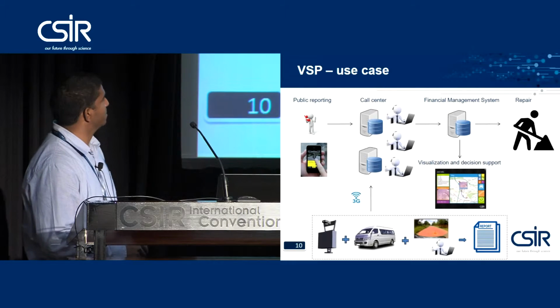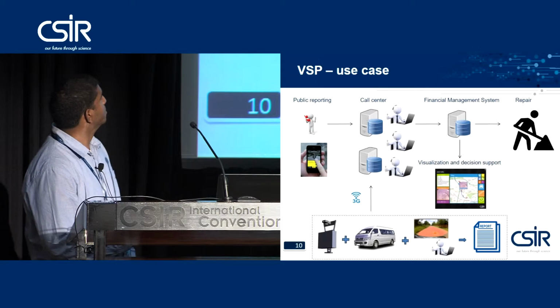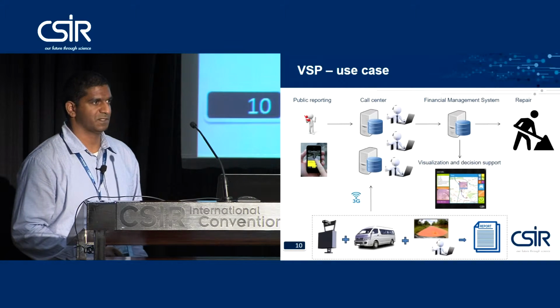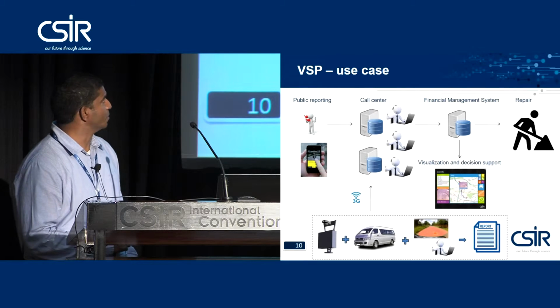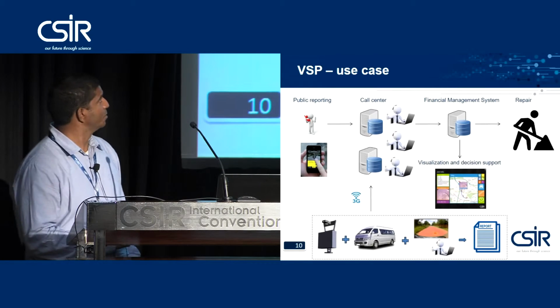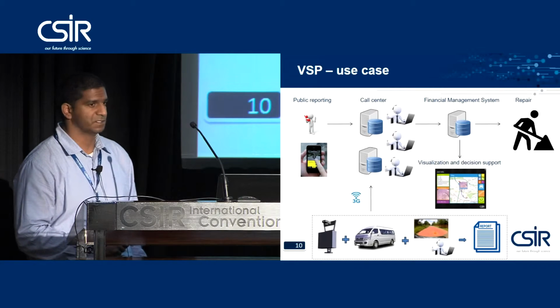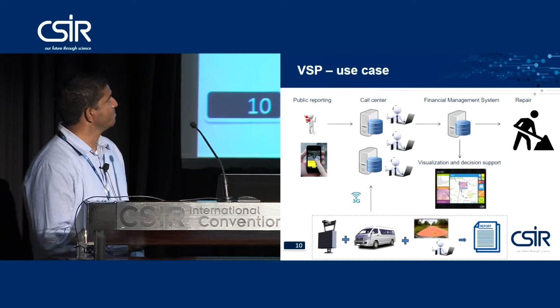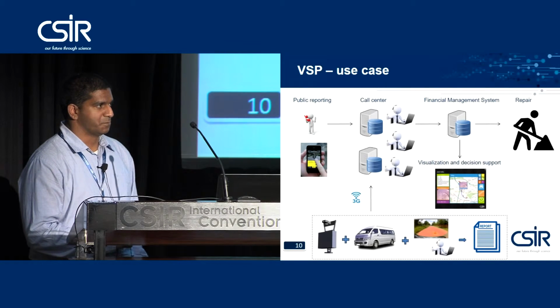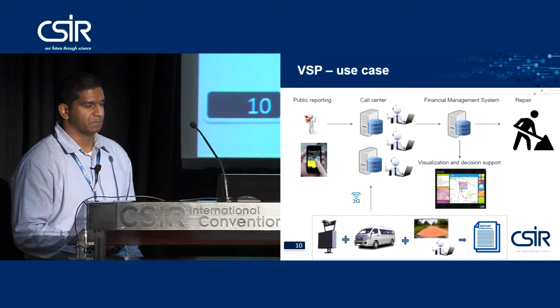And this is highly simplified, but calls or reports come in from either the public or from these apps that they have available, and those reports go to a call center. The call center operators put that into a more formalized report and feed it through the financial management system, so the right departments get billed for the work. From there, actual works orders are handed to repair teams and they go off and fix them.